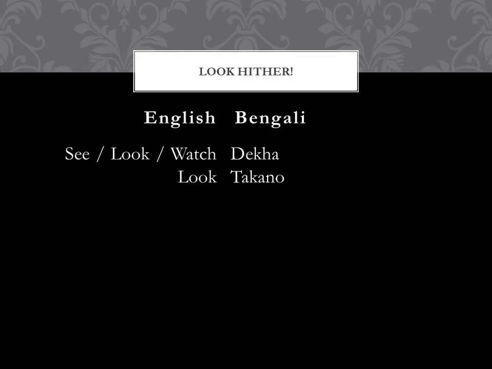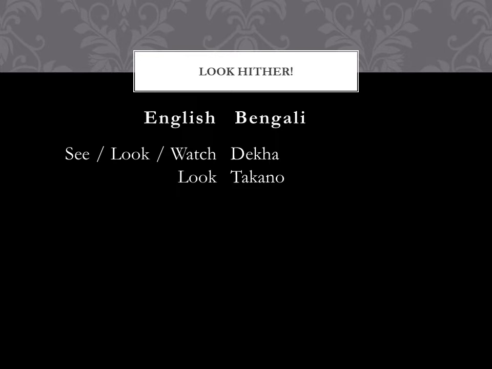The next verb which we are going to learn today is takano. Now, dekha and takano have some overlap in their usage, and the demarcation is pretty subtle. So let me try to explain that.